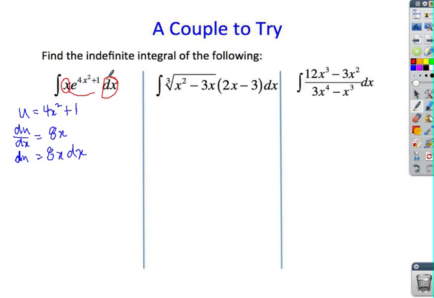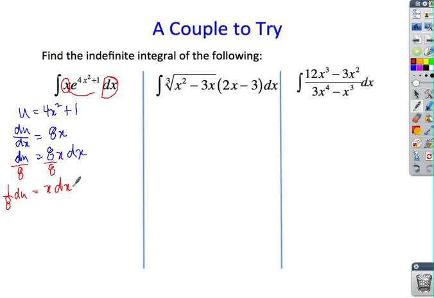But right now I have 8x dx. So what do I need to do to make this equivalent to x dx? Well, it should be divide by 8 on both sides. So if I divide 8 on both sides, I now get 1/8 du is equal to x dx.